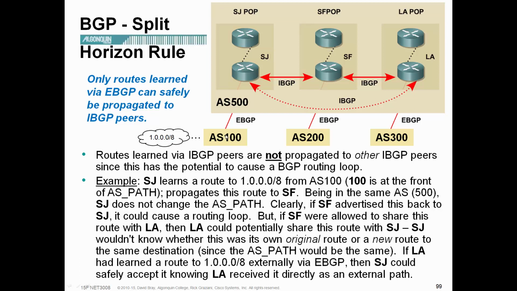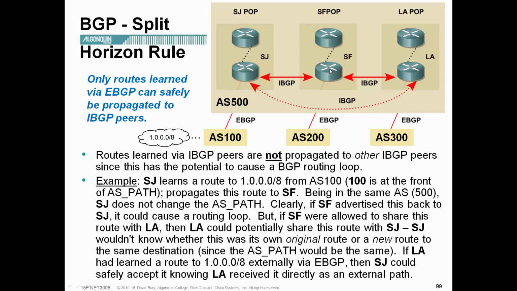As the path comes into SJ for network 1/8, this is an externally learned path. So SJ, even with the split horizon rule, is eligible to advertise that path to its iBGP peer, SF. Now, SF is in the same AS500 as SJ. So as SJ advertises this path onwards, it will not prepend the AS number of 500 because it has not left the AS.